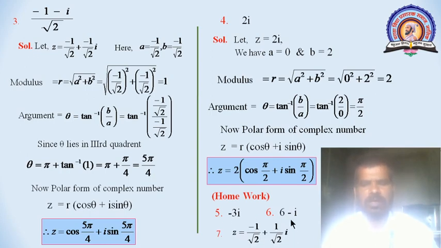So you can do these at home. The seventh example is the same as the third example, but instead of minus there should be plus. So repeat the same procedure: find the modulus and argument and express it in the polar form.